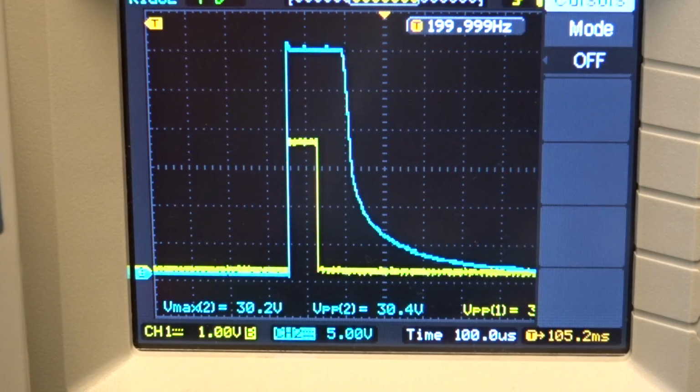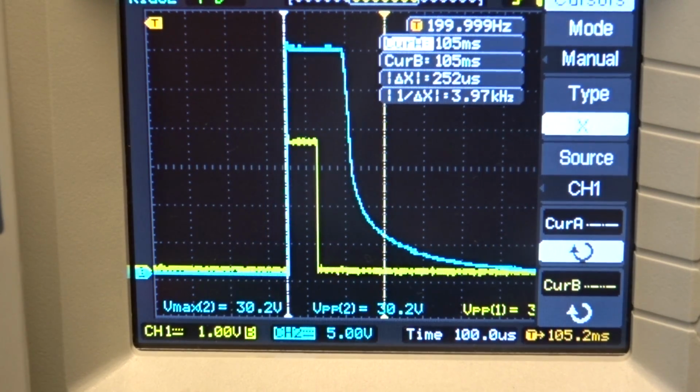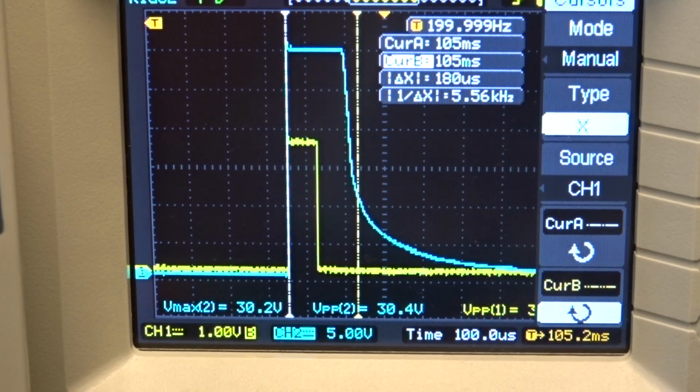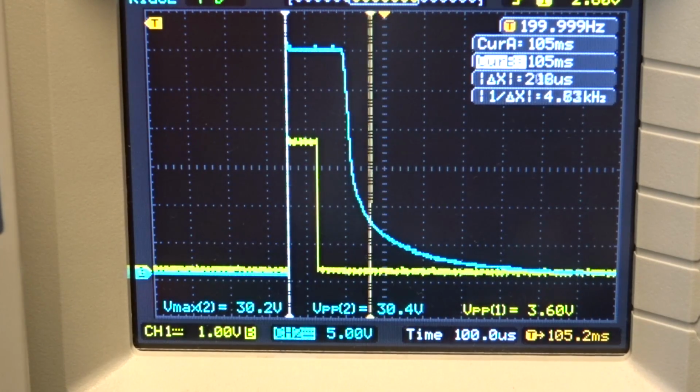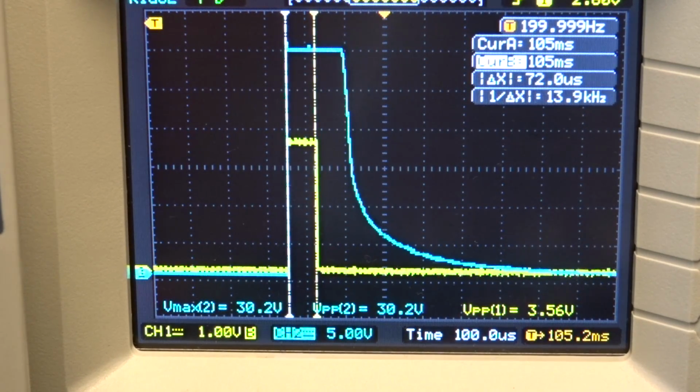So I switch on the cursors of the oscilloscope and measure the difference between the on pulse and also the off pulse of the P-channel MOSFET and also of our GPIO pin.